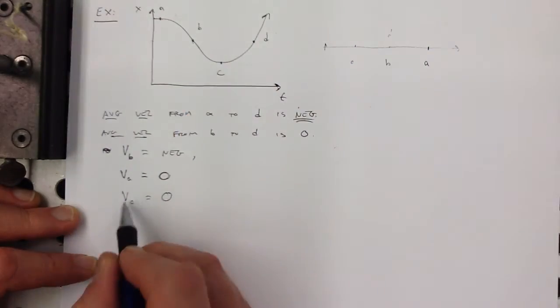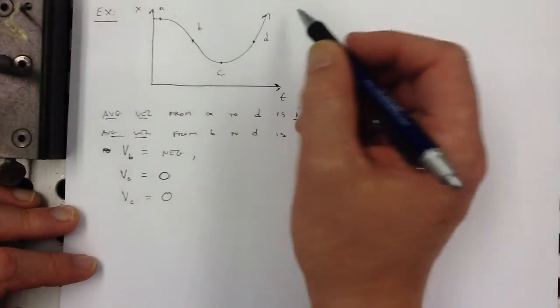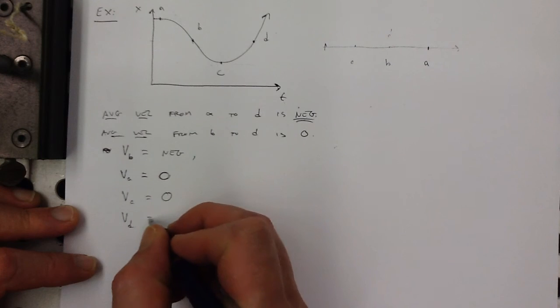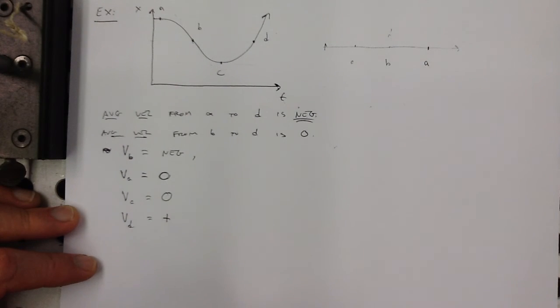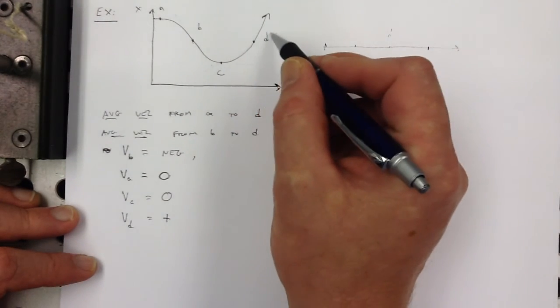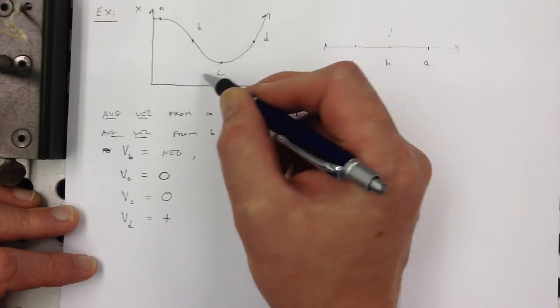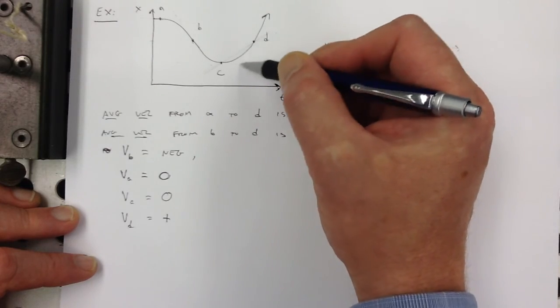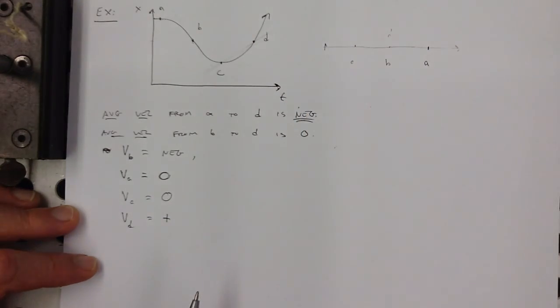So that instantaneous velocity would be 0 there, and then C to D would be positive. And the average velocity between C and D would also be positive, but it would be less than this, right? The instantaneous velocity at D is greater.